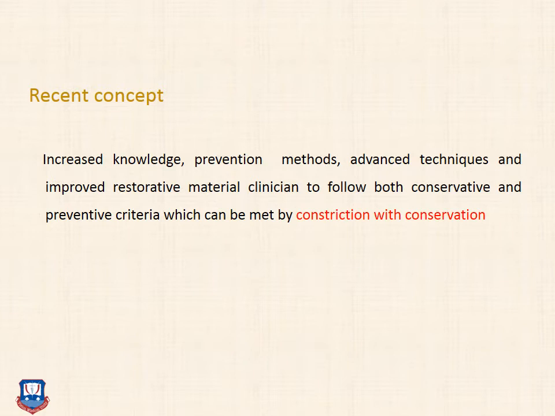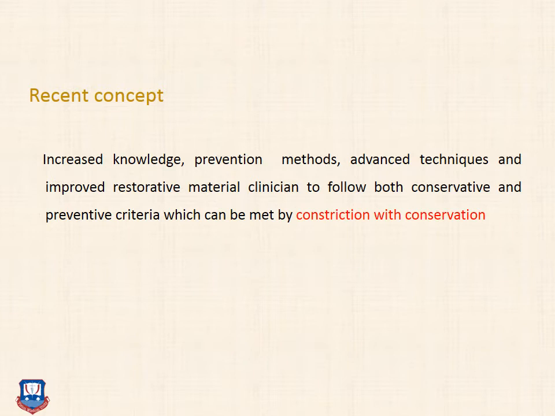Initially we used to use silver amalgam, for which we have to make the cavity to a specified height, depth and width, but with the newer advanced restorative materials which have adhesive properties, the clinician can use both conservative criteria.